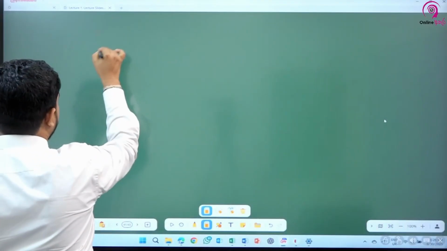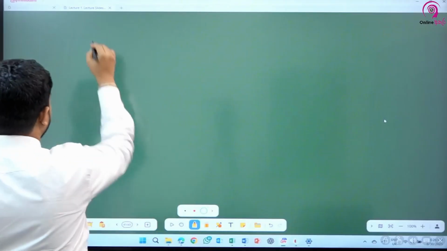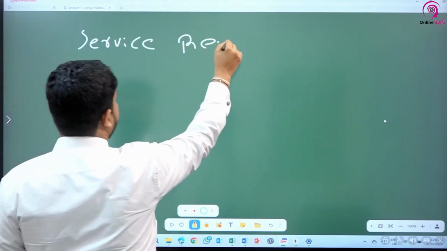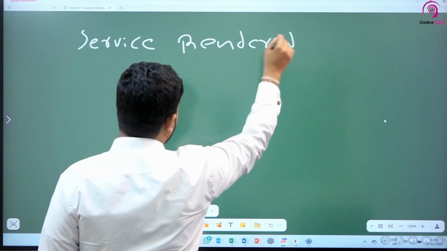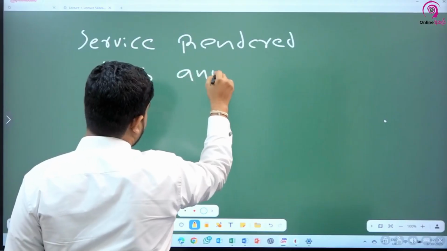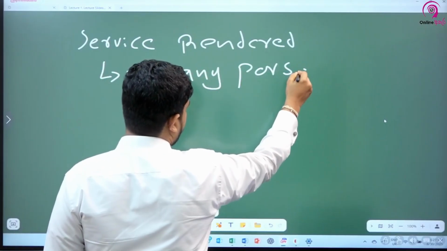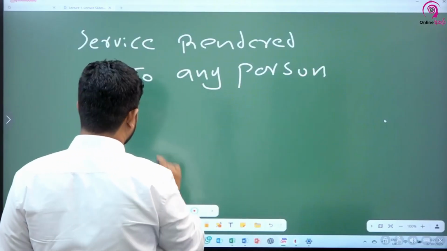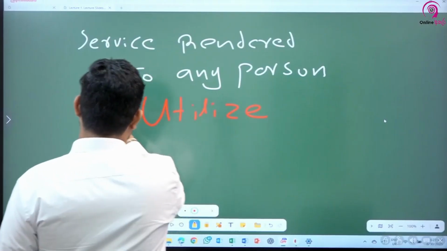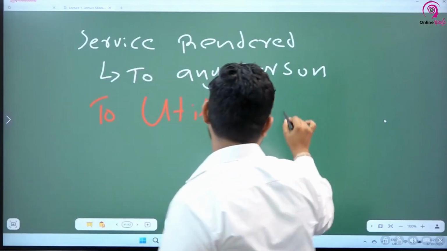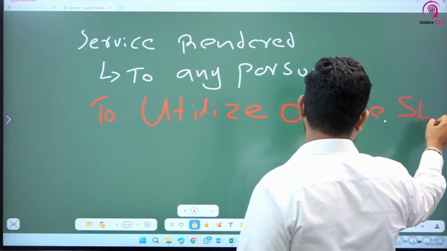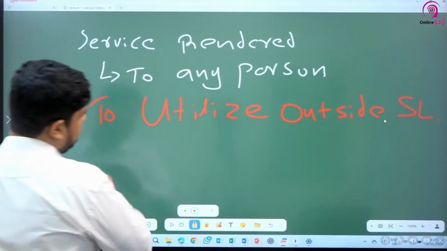Service rendered to any person, utilize outside SL. This word is very important.